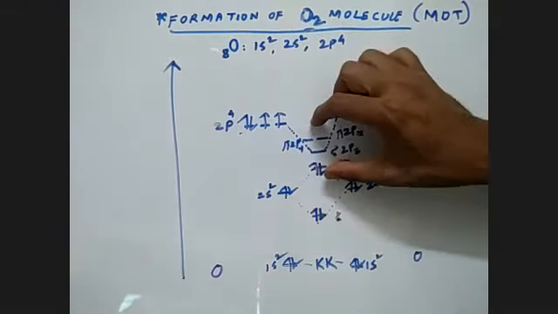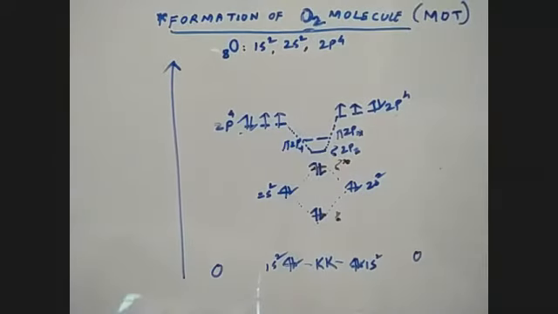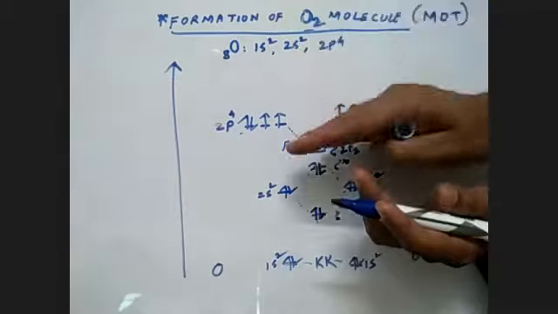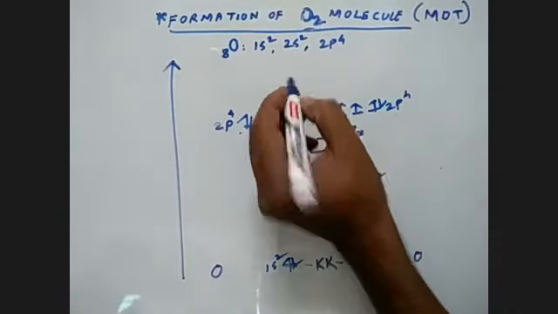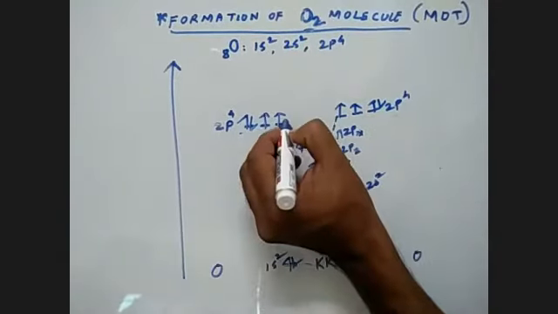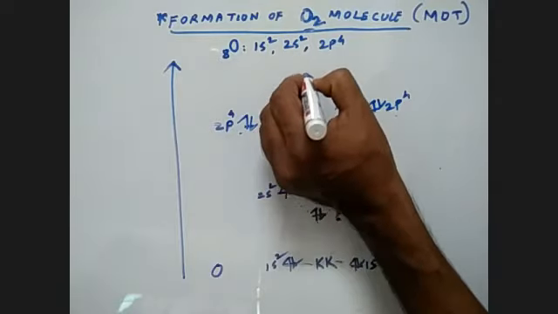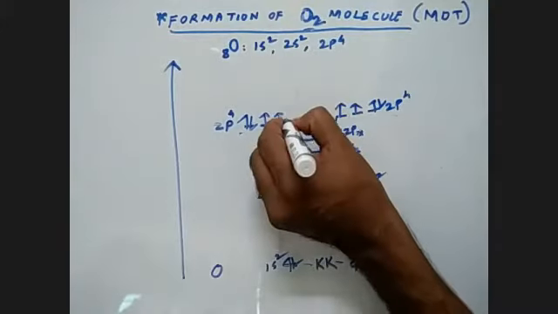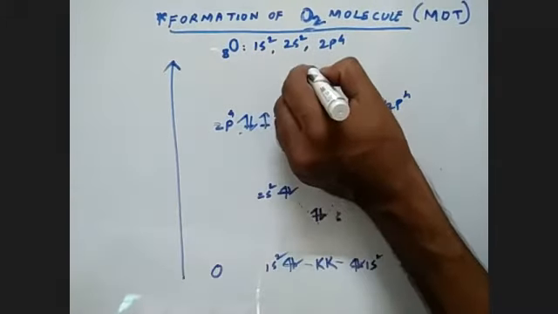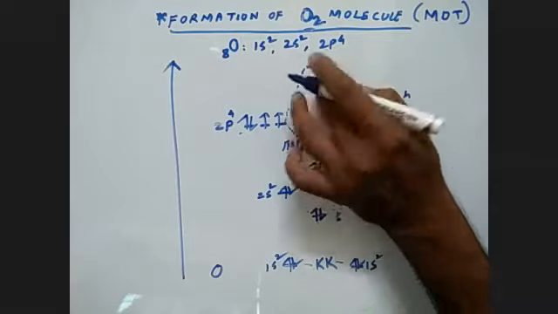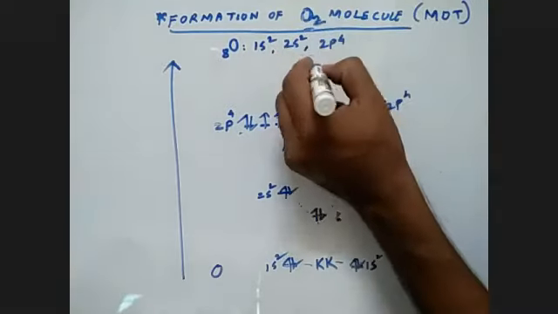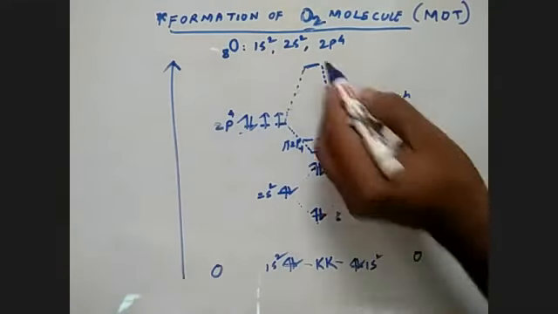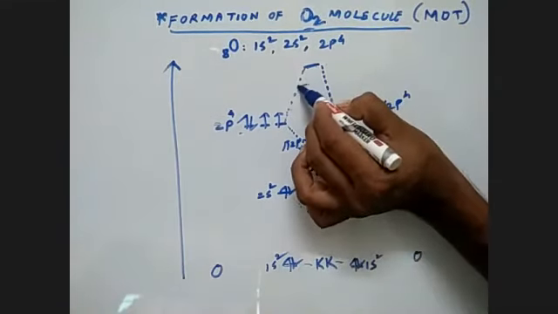Similarly, the same number of orbitals will form at the high energy level. So how can we write the same? You just do its mirror image. It is not always exactly a mirror image. See here, like this, highest energy and this low energy.